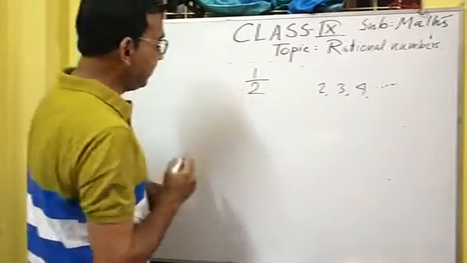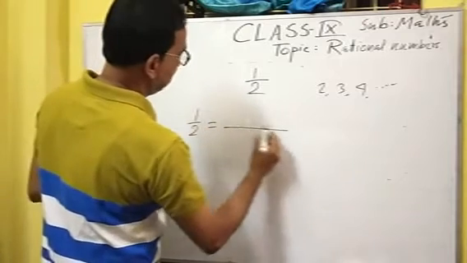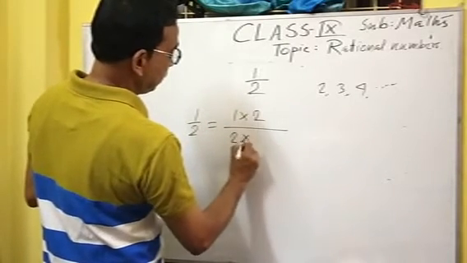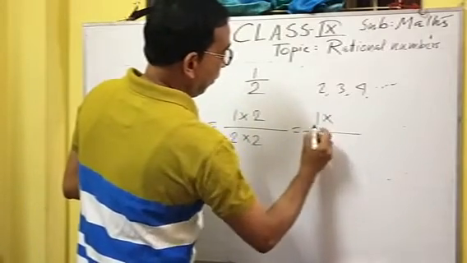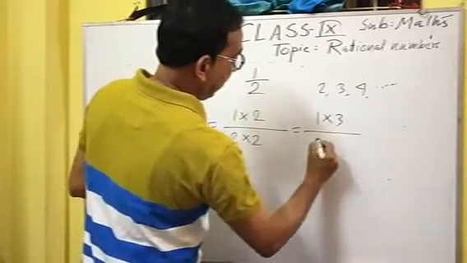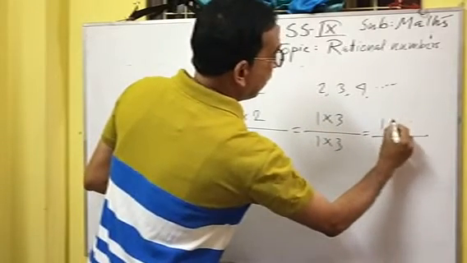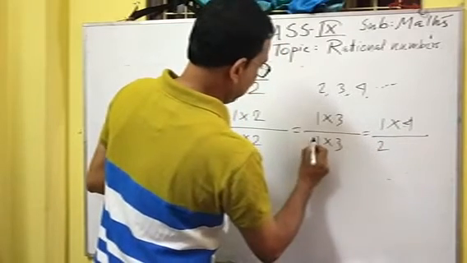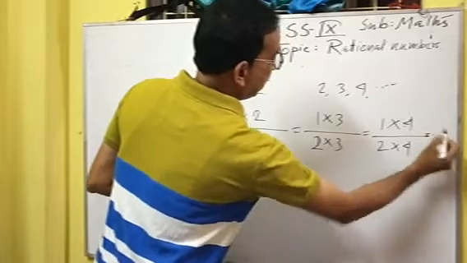So we can write 1 by 2 is equal to 1 into 2, 2 into 2, then multiply by 3, multiply by 4, and so on.